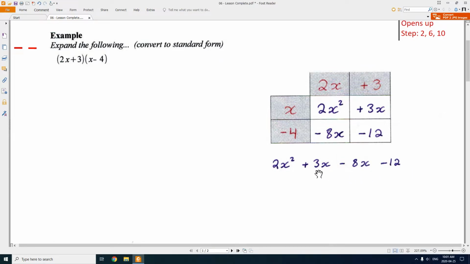And then we do have these two like terms that we mentioned earlier, the x terms. So 3x minus 8x becomes minus 5x minus 12. And there's our standard form. That equation there is exactly the same as this equation. This one's our standard or expanded form, and that's our factored form. But they would both give you the same graph.